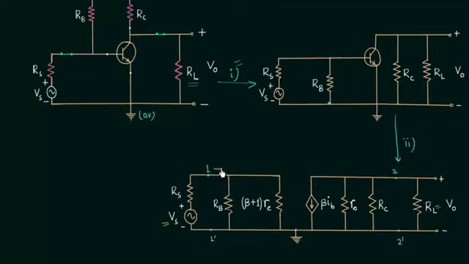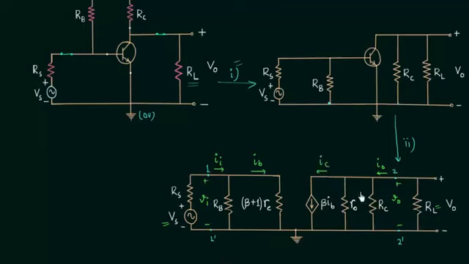Let's say the input current is I subscript I and the input voltage is V subscript I. The input voltage is potential difference between the terminals 1 and 1 prime. The output current is I subscript O, and the output voltage is the voltage between terminals 2 and 2 prime. Current through resistance beta plus 1 Re is the base current, and current in this branch is the collector current.